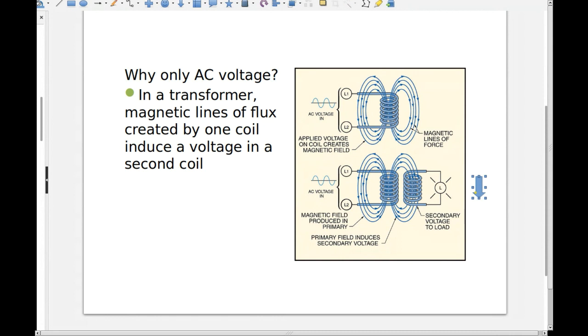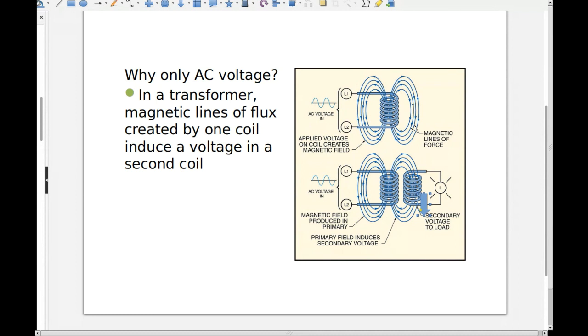Leakage flux is the flux that's not flowing through the secondary winding.